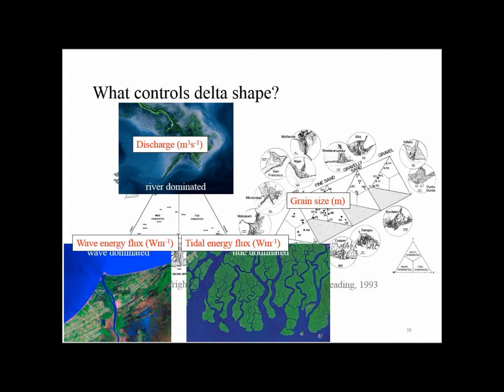But what kind of delta will there be for something that has 100 watts per meter of tides, or 20 cubic meters per second of river discharge, or 200 micron of sand? We have no connection between all of these factors and the shape of the delta that results from those combinations.